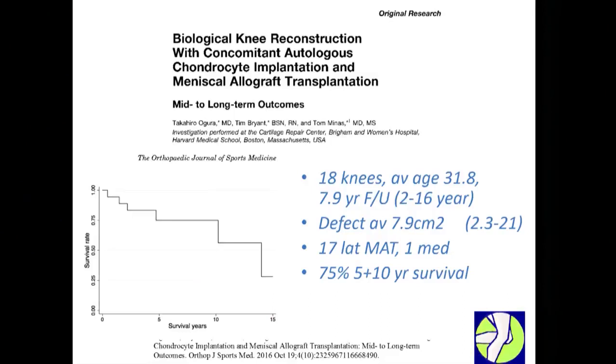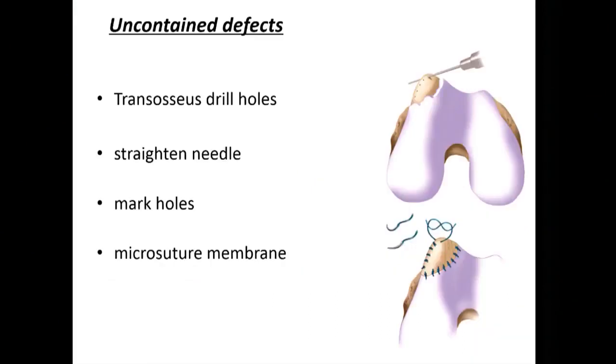Uncontained defects used to be considered only something that you would use an osteoarticular allograft for, but if you properly prepare the defect and use transosseous sutures or suture anchors, my preference is to use transosseous sutures because it's effective and it doesn't cost anything.